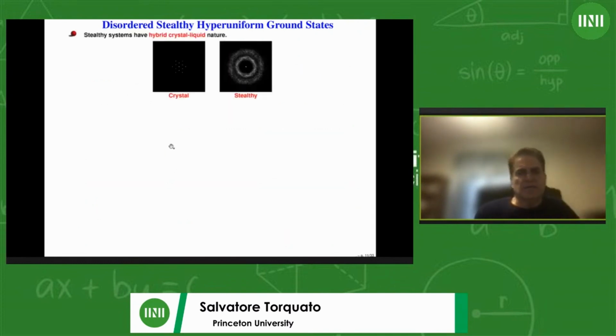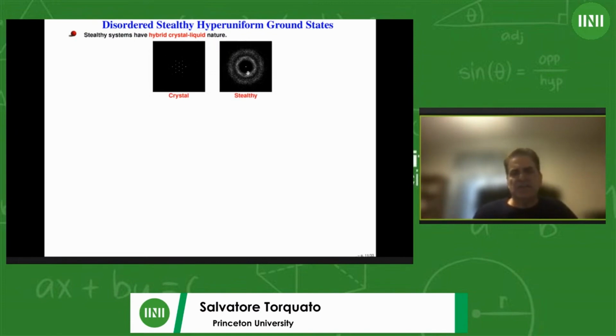Now, these stealthy systems have this very hybrid crystal liquid nature, because here's a diffraction pattern for a crystal structure, and by the way, the definition of hyperuniformity always excludes forward scattering. So if you look at the origin here, you see, obviously, in the case of a crystal, there's a circular region around it, which is black, which means that there's no scattering at all.